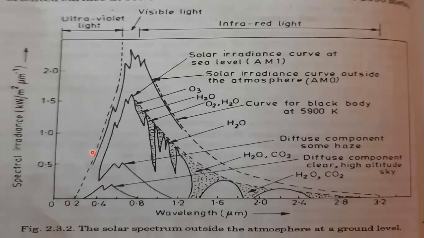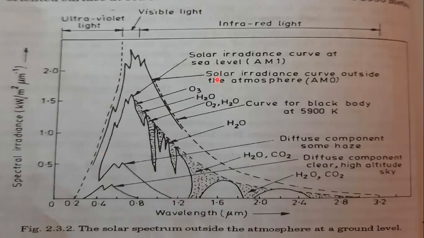At higher mountains, the value is 1.1 kilowatts per meter square, again increased by 0.05. And at outer space, it is 1.353 kilowatts per meter square. We can sometimes call this latter value air mass 0. At sea level, we observe air mass 1.